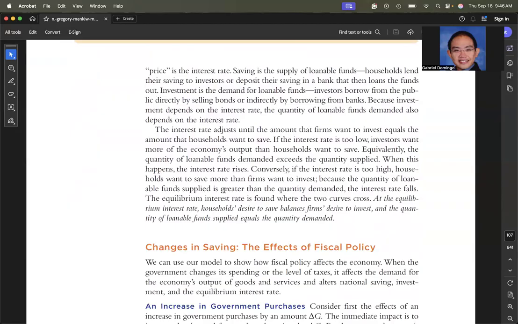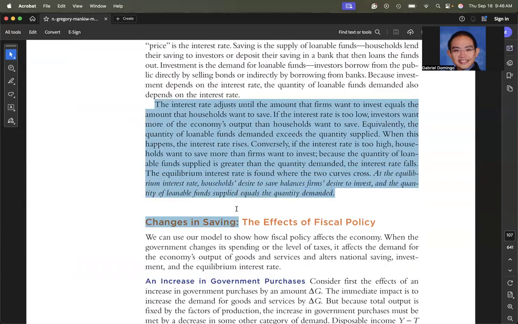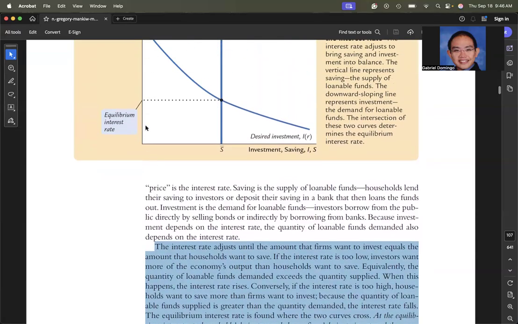All right, and we can read this last paragraph. The interest rate adjusts until the amount that firms want to invest equals the amount that households want to save. If the interest rate is too low, desired investment will exceed savings, and that's not an equilibrium.